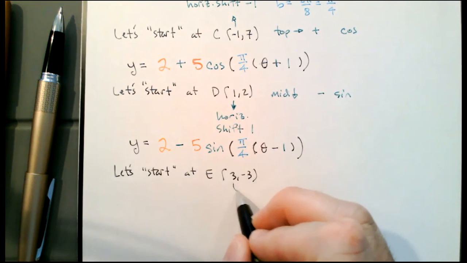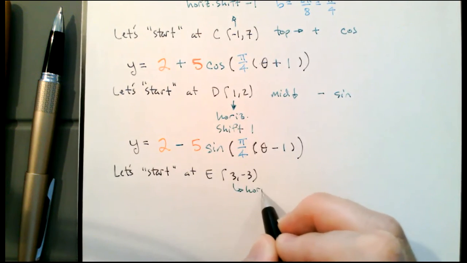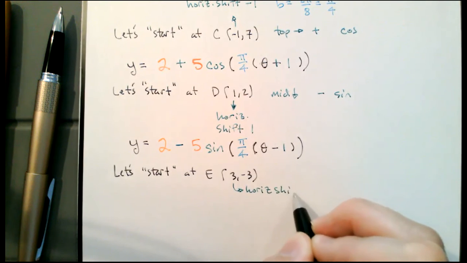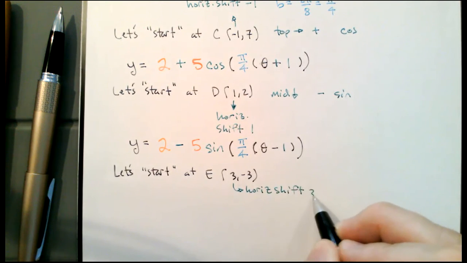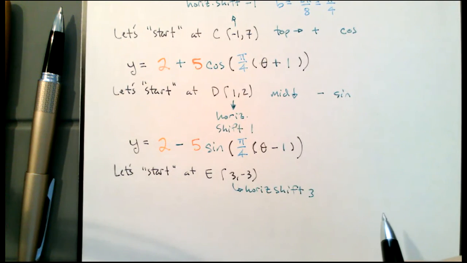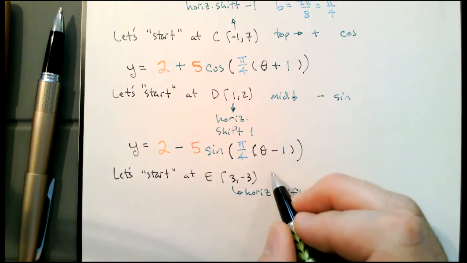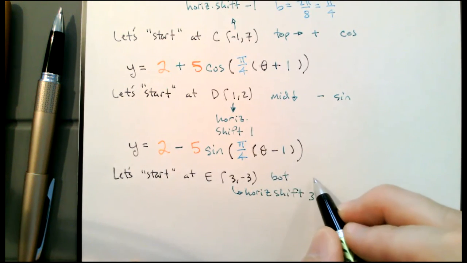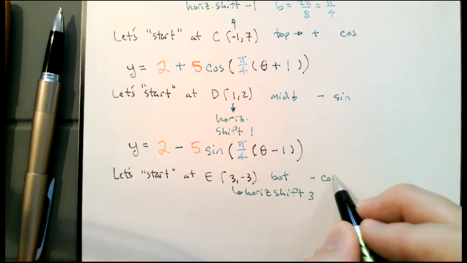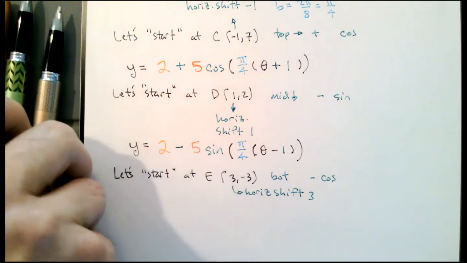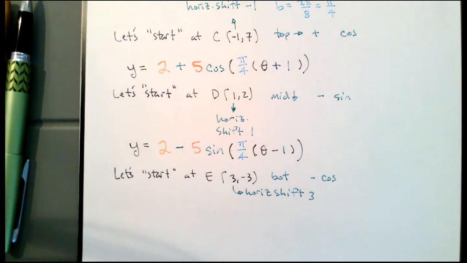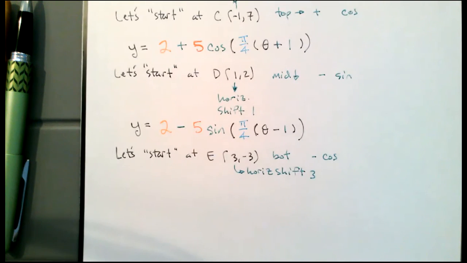So our horizontal shift is going to be 3. This point is at the bottom of the graph. So we're going to use a negative cosine. Everything else is the same.